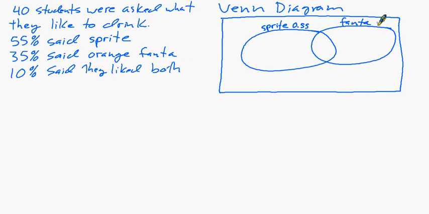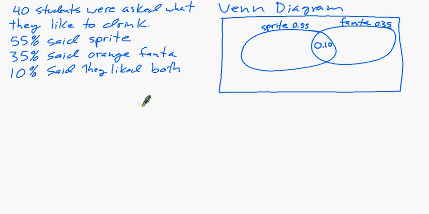Fanta, which we have 35%. Notice I'm doing it on the outside, which denotes this whole circle is 35, and this whole circle is 55. And 10% said they like both. So this little space in the middle is 0.1.